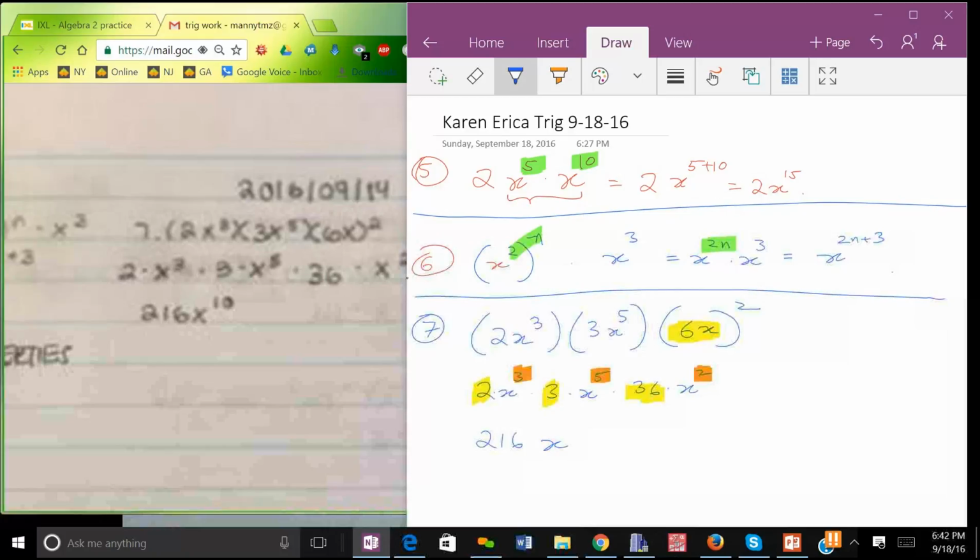All right, let's try number 8. X equals 5a to the 4th power, and a equals 2b cubed, right? So what you do is use this 2b cubed and put it instead of this a.